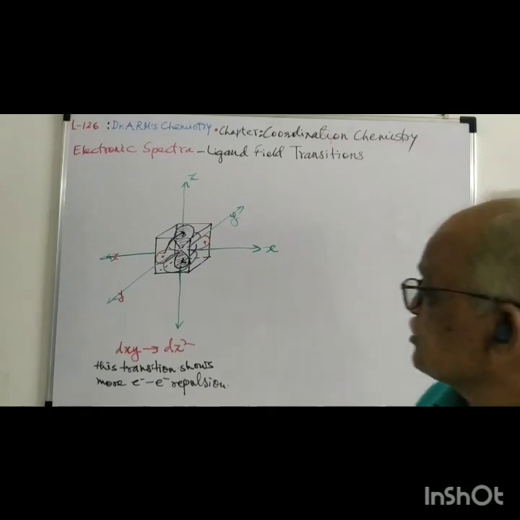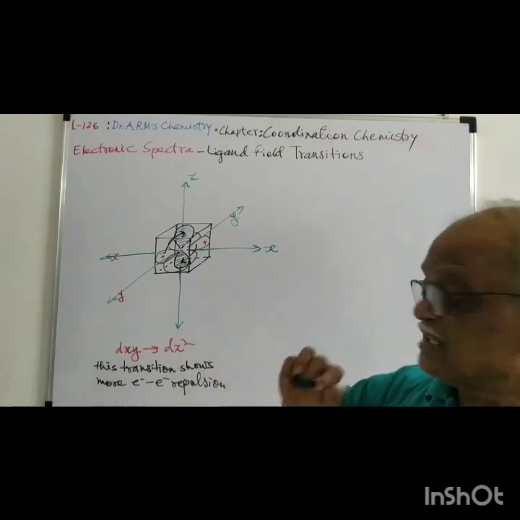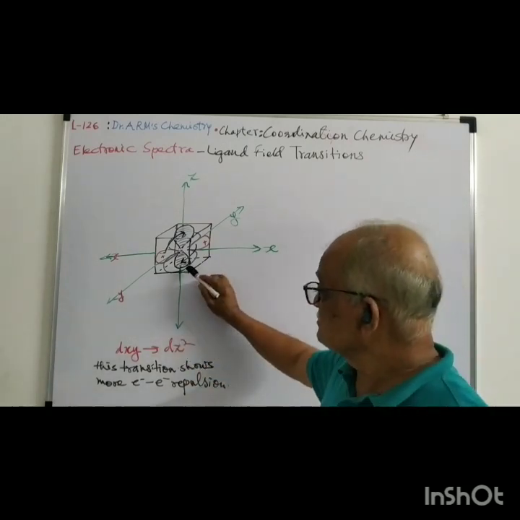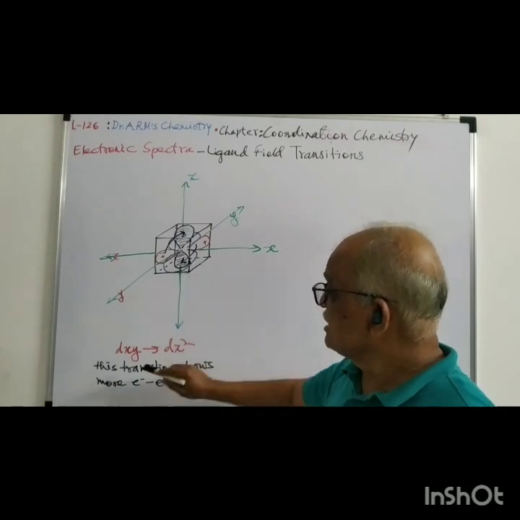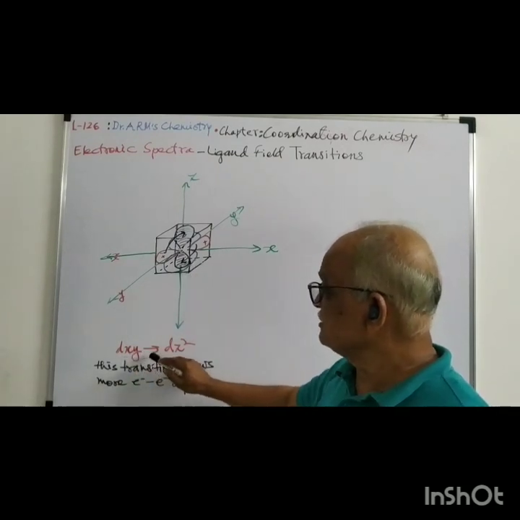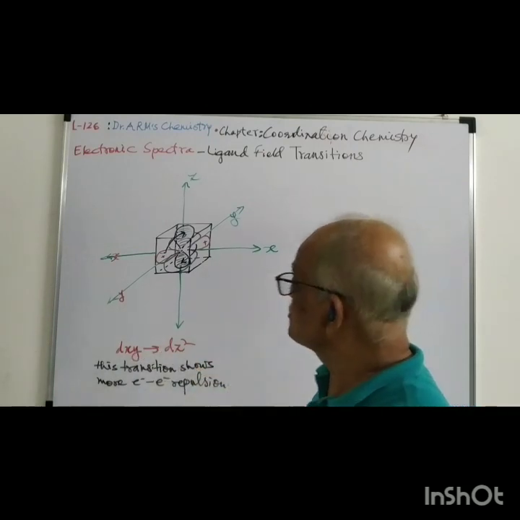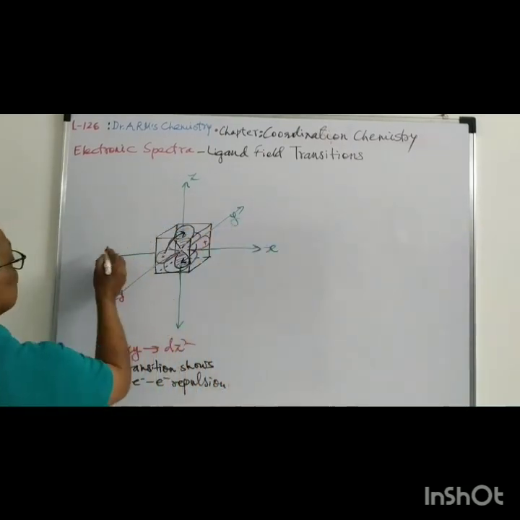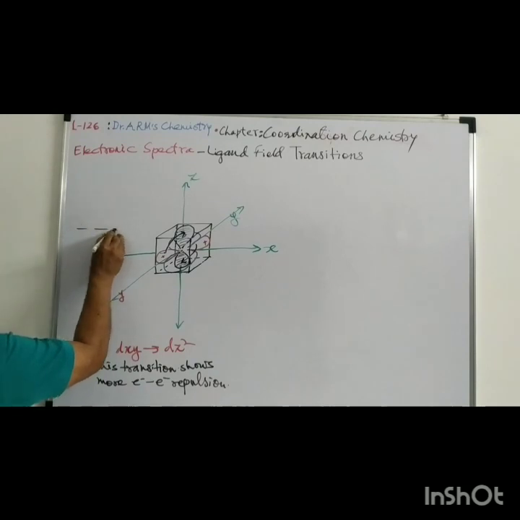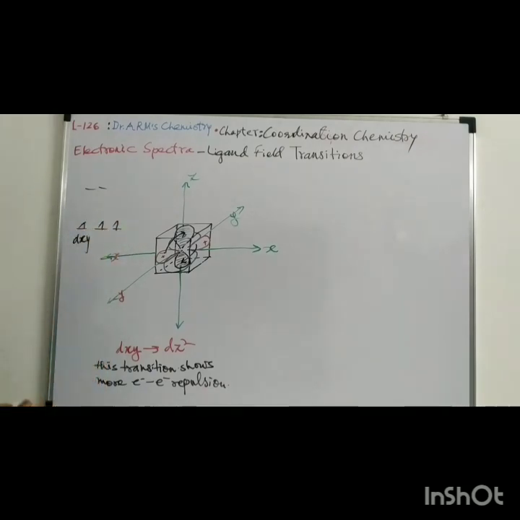So these are shown by the two bands, but for this type of dxy orbital, it contains the electron. We can see that, this is dxy, and each orbital has this one electron.